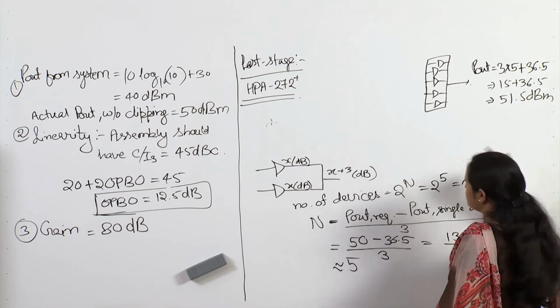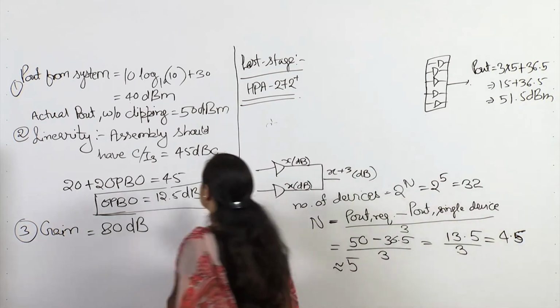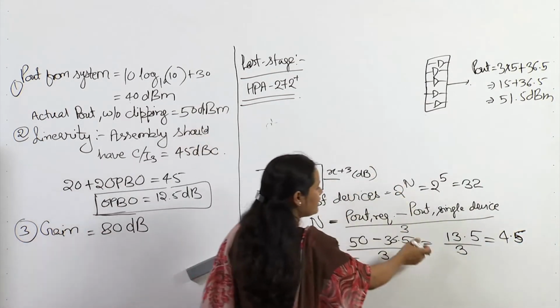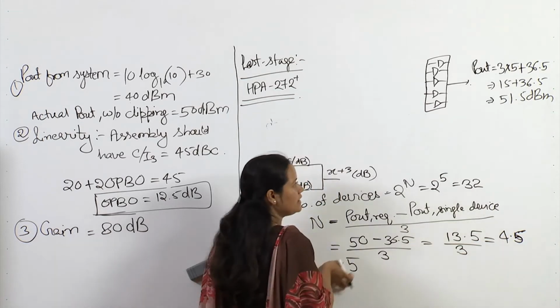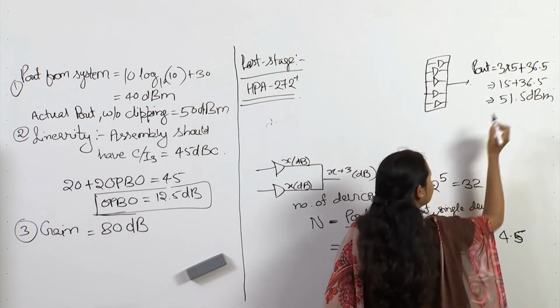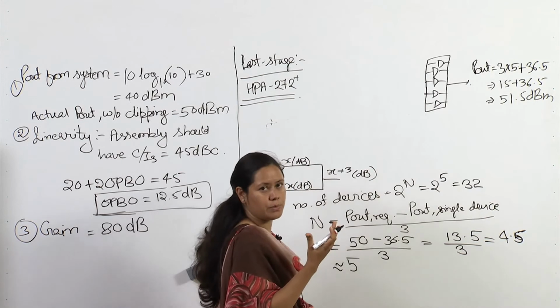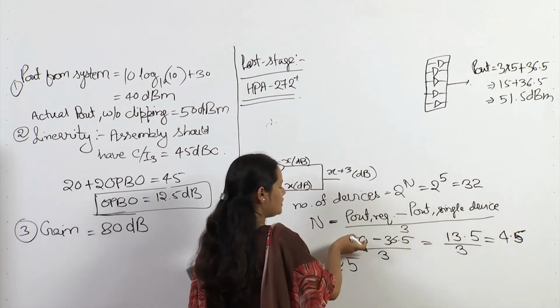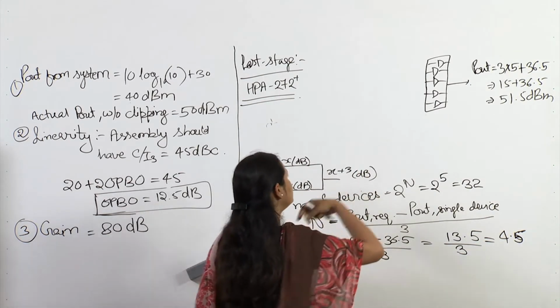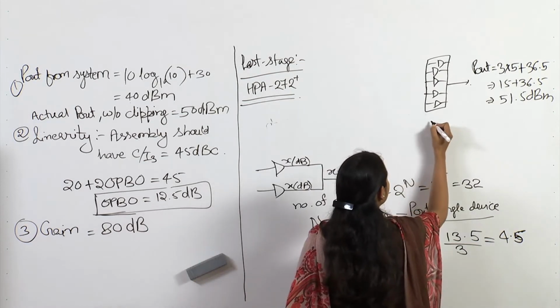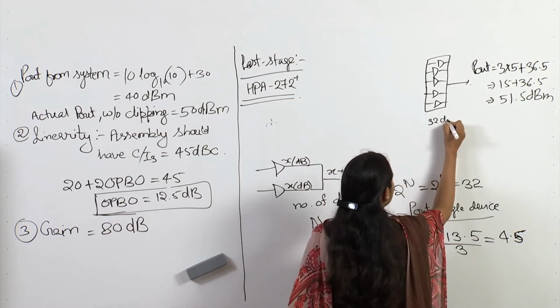Our requirement was that our device should be able to sustain 50 dBm, and with our calculation we have arranged an assembly which is able to give us 51.5 dBm output power. So, it is allowing us more than 50 in fact. So, it is the last stage, and we have used 32 devices here.